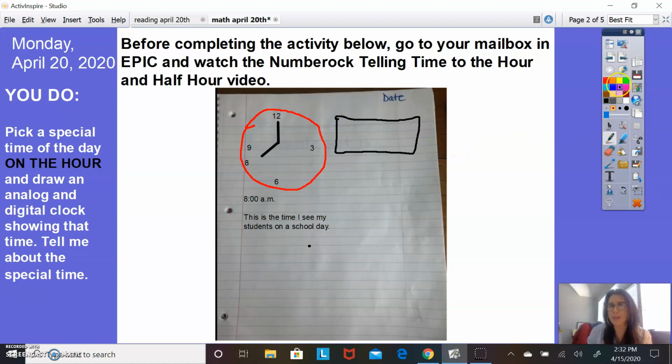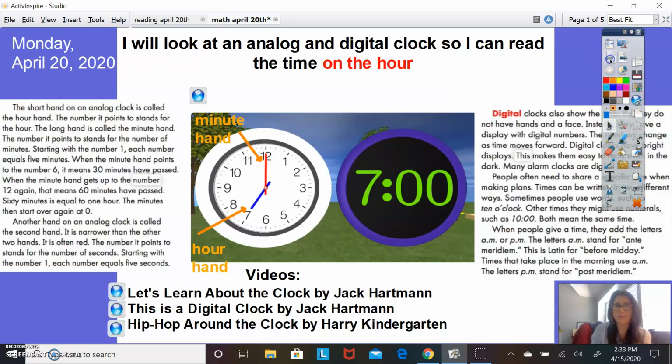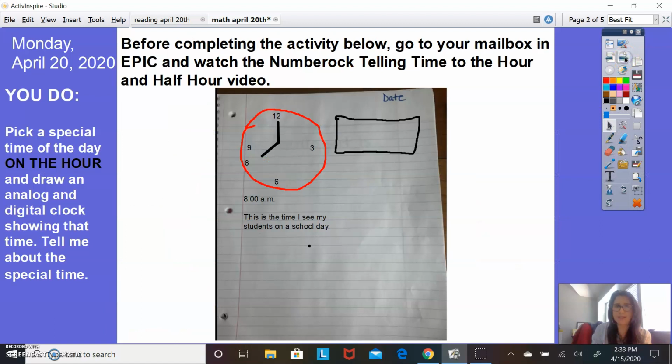So I'm going to use maybe a bright orange, and I need to show 8 o'clock here. So I know it's going to be in bright colors, and if I go back to my example, I can see here how the time is displayed on a digital clock. So I'm going to go back, and maybe I'll just choose the green just like I had there, and I'm going to show 8.